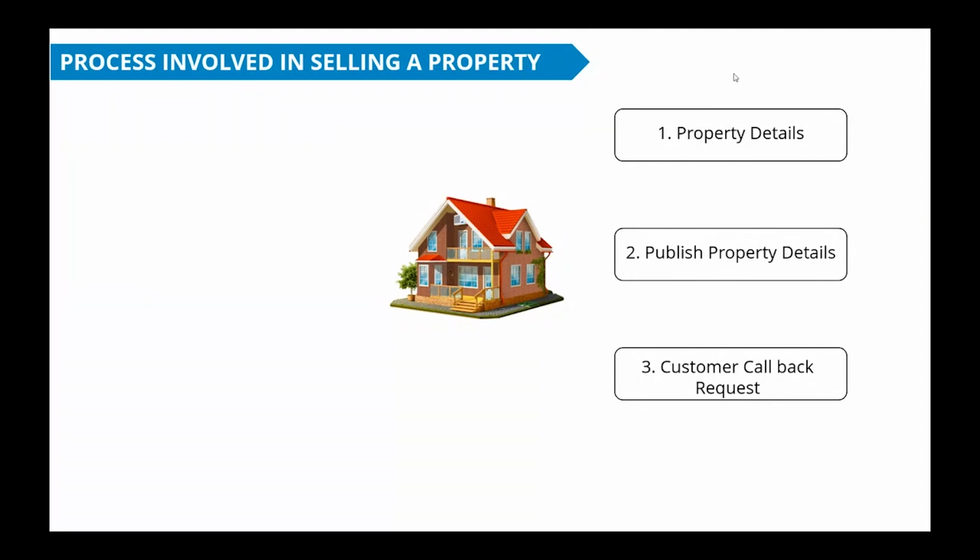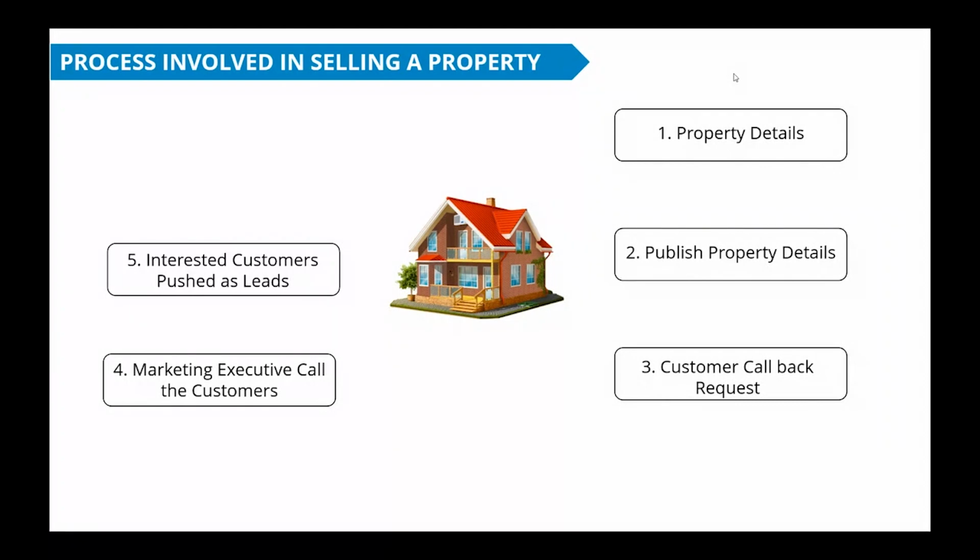So here what I'm going to do is assign a marketing executive for each and every property that I have in my list. This marketing executive will take care of the property. He will respond to the callback requests made by the customers. After responding, if the customer is really interested, he will push the interested customers as leads.